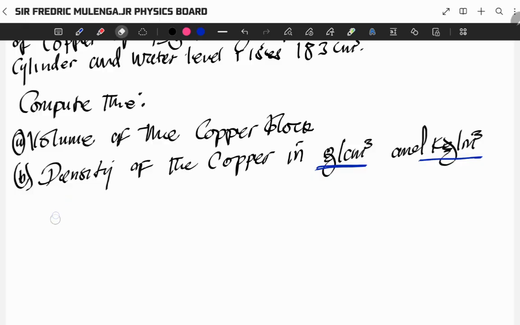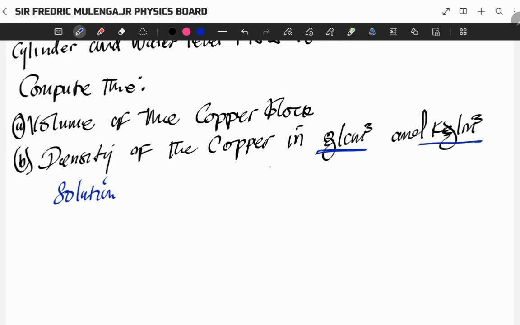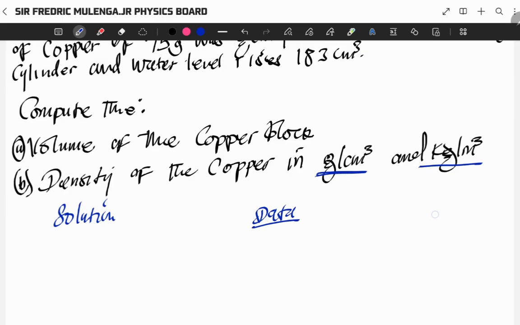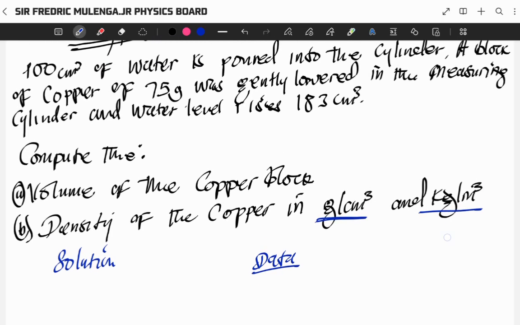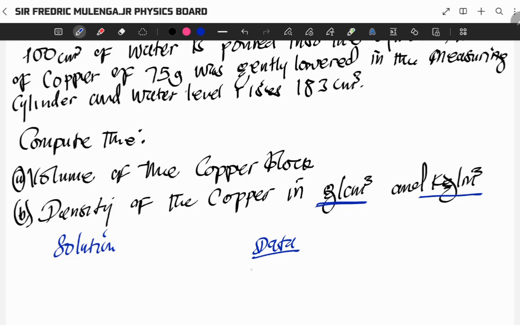Okay, so let's solve this one now. I hope you've done your part. So, solution now. I'll collect the data given. This is the best practice for any student learning science. You should have the skill of analyzing the question. So volume 1 given to me is 100 centimeter cubic.